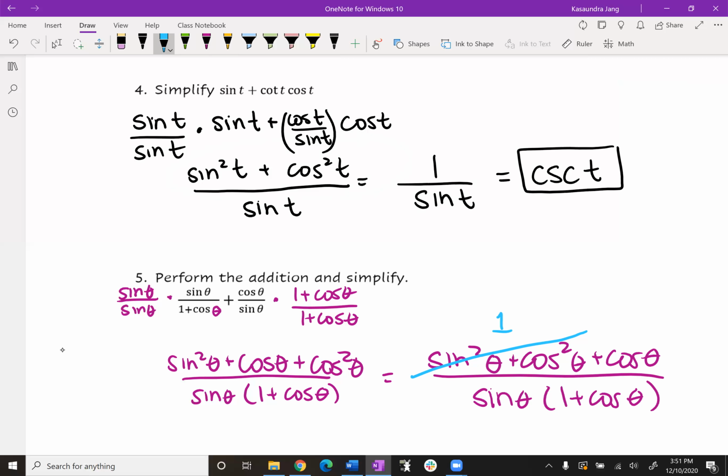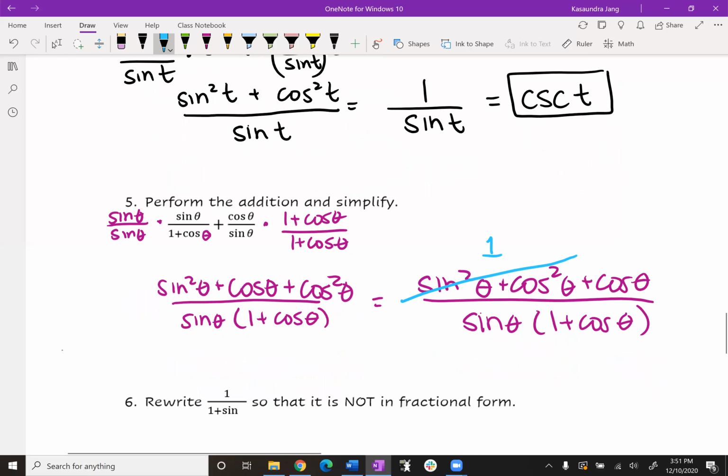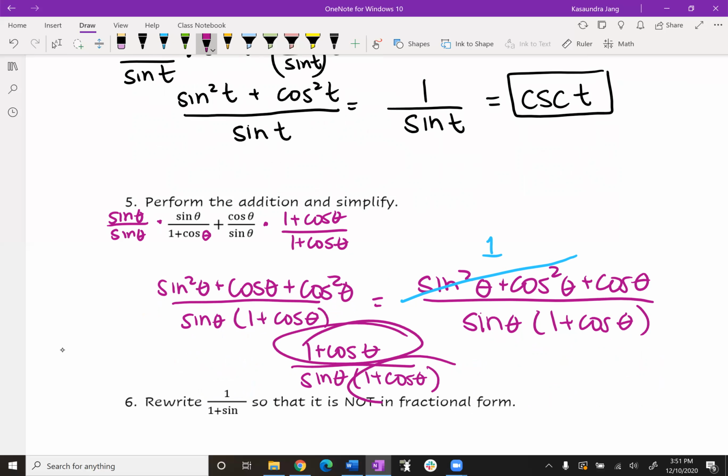All right, and then that actually, I think, is looking pretty good because my 1 plus cosine in the numerator, I then have sine of theta over 1 plus cosine theta in the denominator. But as messy as this is, I have the same thing in the numerator and denominator. Like those divide out.